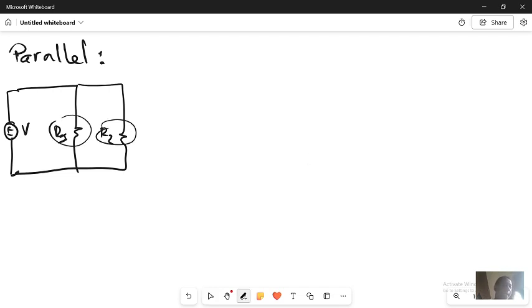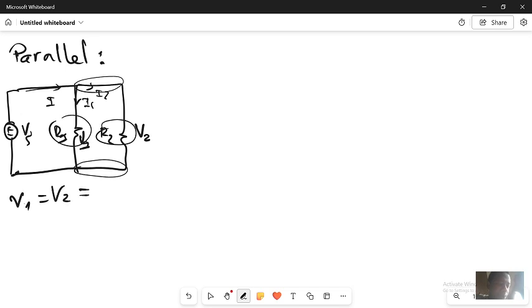These R1 and R2 are in parallel. Why? Because they are not carrying the same current, I1 and I2. Secondly, they are connected to the same node, which we will discuss in the next video. The voltage across R2 and the voltage across R1 are the same. We already discussed that V1 equals V2 equals Vs, because Vs is also in parallel with them.